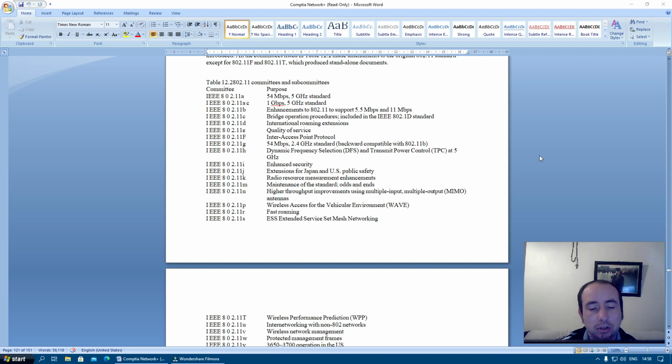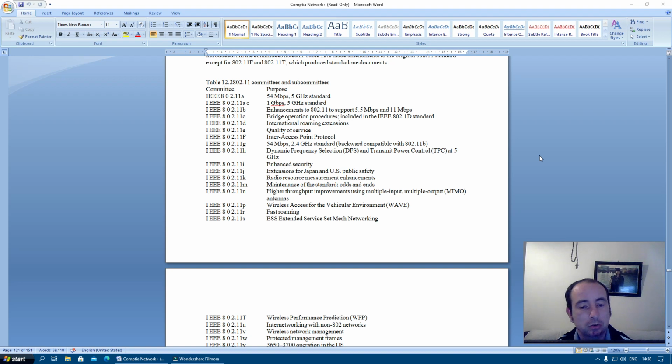IEEE 802.11n: higher throughput improvements using multiple-input, multiple-output, MIMO, antennas. IEEE 802.11p: wireless access for the vehicular environment, WAVE. IEEE 802.11r: fast roaming.